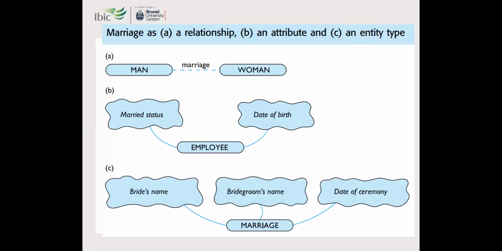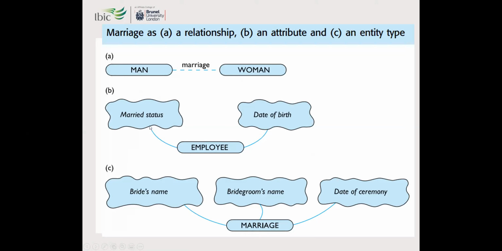So here is another example for you. A is representing a relationship because it is saying marriage and it is 0, 1, 0, 1. And as we discussed earlier, B represents an attribute because we are going to connect these two.